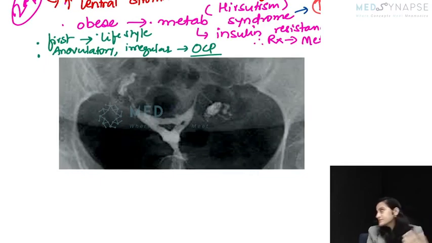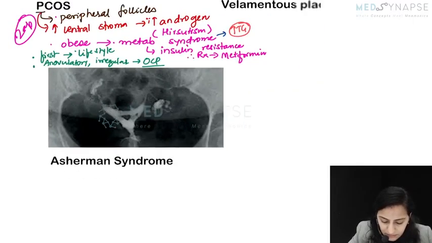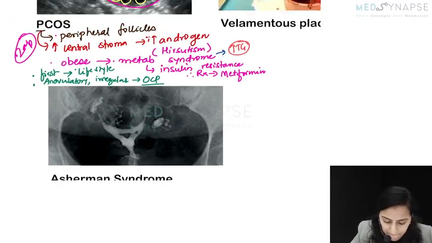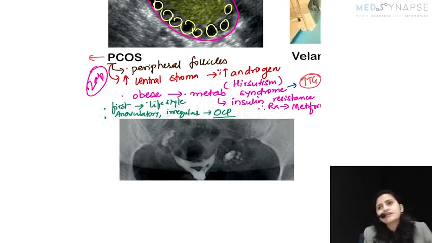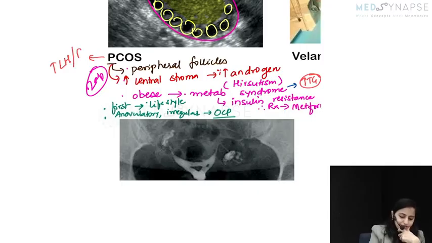OC pills. In PCOS, what increases? LH by FSH or FSH by LH? Increased LH by FSH ratio.